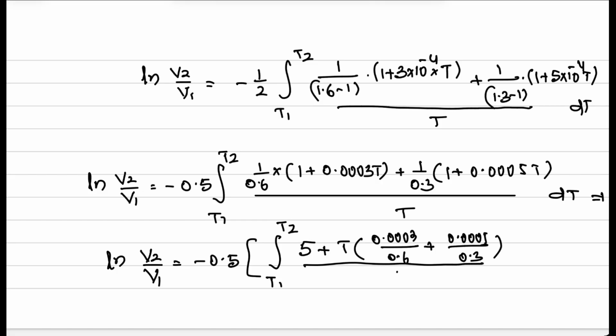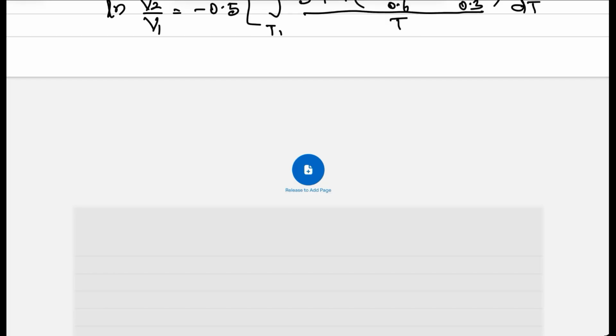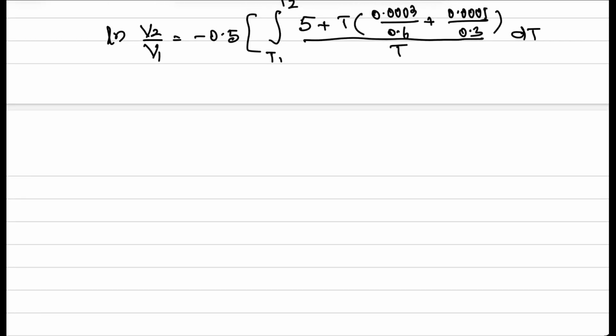This whole divided by T dT. These are all simple arithmetic which you can do with ease. ln V2 by V1 is equal to minus 0.5 into, because you are given the online calculator, you can do it with the calculator with ease. There should not be any problem.